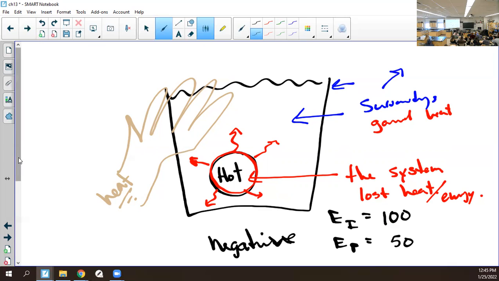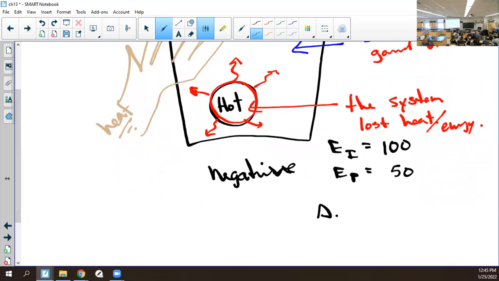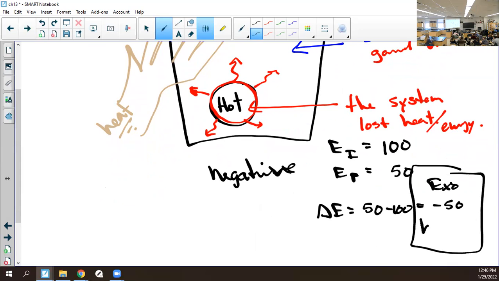So my delta E, final minus initial, gives me a negative number. So exothermic things are negative, and we sense them as giving off heat, or they're hot. Which we had, our ex was hot, but they were too negative. Okay, now that's putting a hot ball in water.